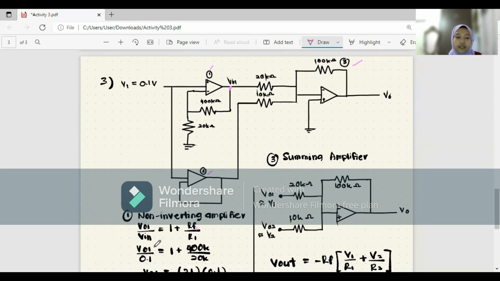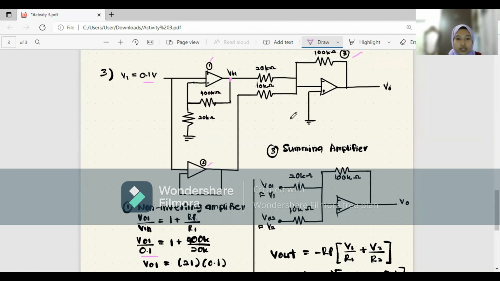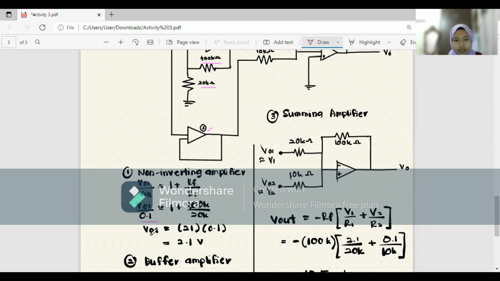We already know that V input is 0.1 volt, equals 1 plus RF. RF is already given, which is 400 kilo ohm, over R1 for the first amplifier, which is 20 kilo ohm. By calculating all of this, we'll find out that V output for the first amplifier is 2.1 volt.